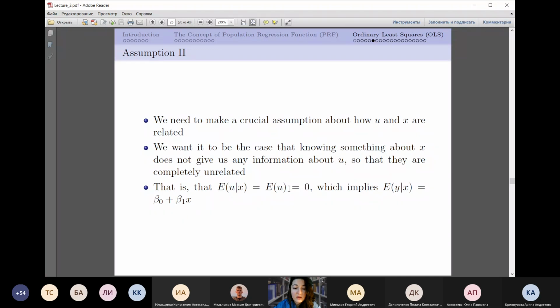And when this assumption holds, we say that the mean value of our error term is independent of x. And of course here mean independence means full independence between our error term and our independent variables.